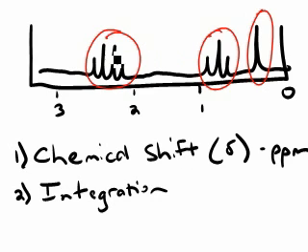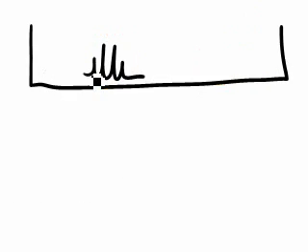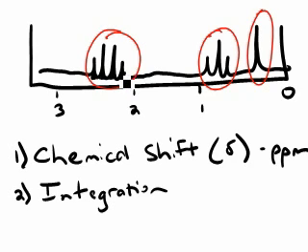The second characteristic of every signal is the integration. The integration is the area underneath the signal. In other words, if you count up the area underneath each of these individual spikes, and you add up that area, you get a certain value. That value, the integration, is the area under the signal. Here the area under the signal is this plus this plus this.